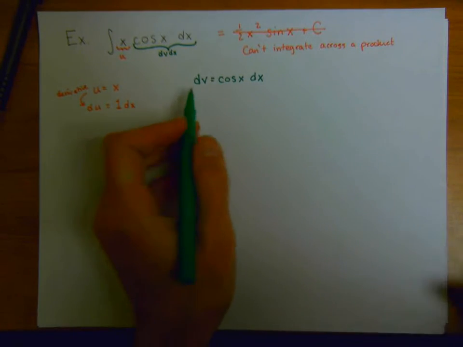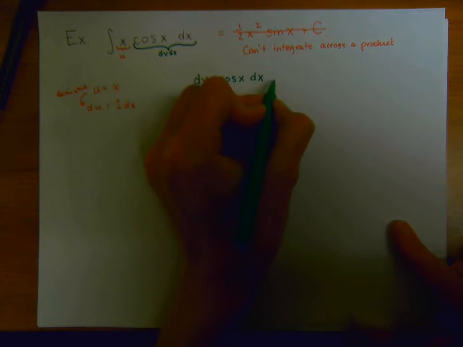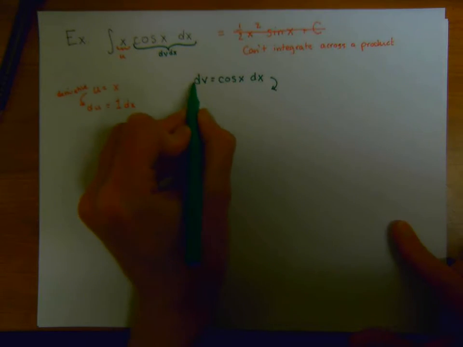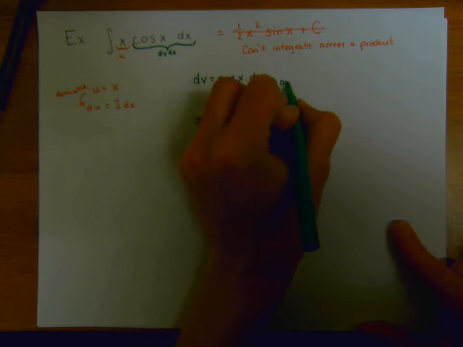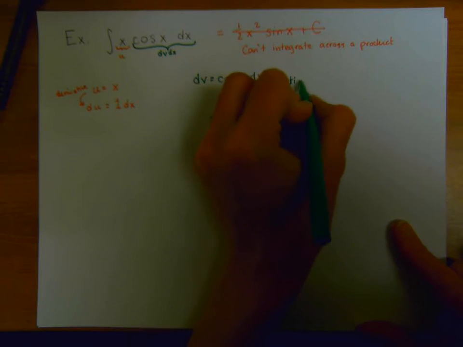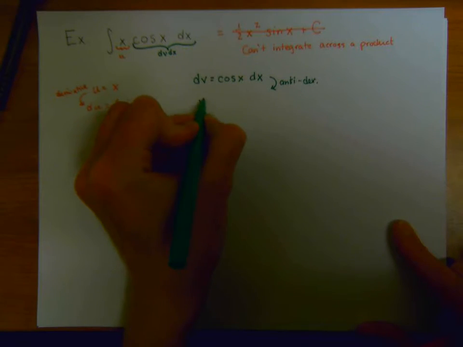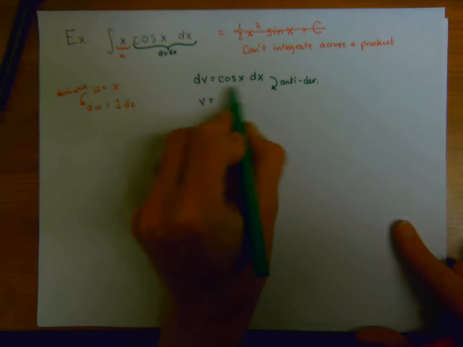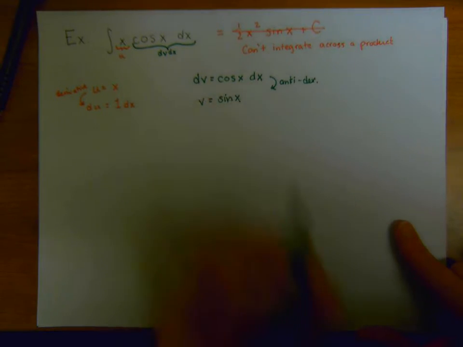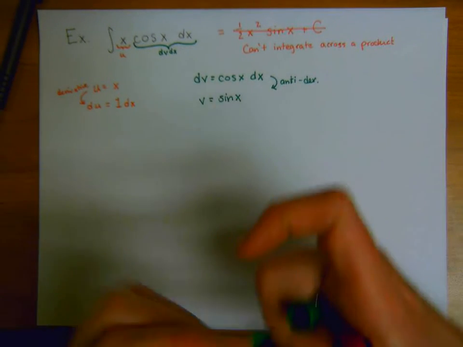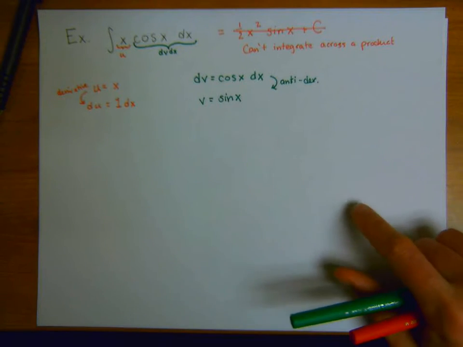On this side, I'm going to take the antiderivative, because I already have the derivative over here. I already have this in terms of dv, so I want to take the antiderivative to find out what v is going to be equal to. The antiderivative of cosine is sine, and we have each of the pieces that we need in order to be able to do our substitution.